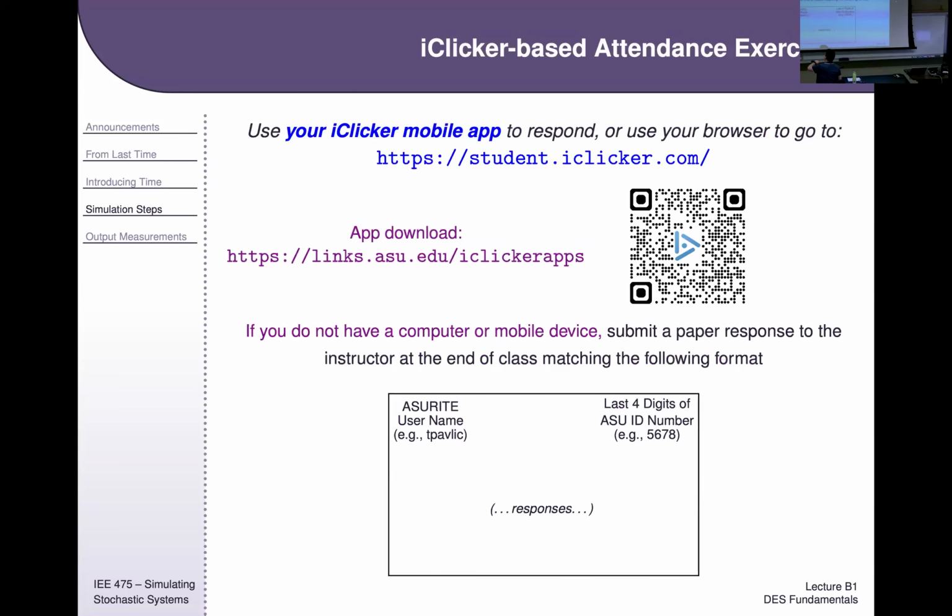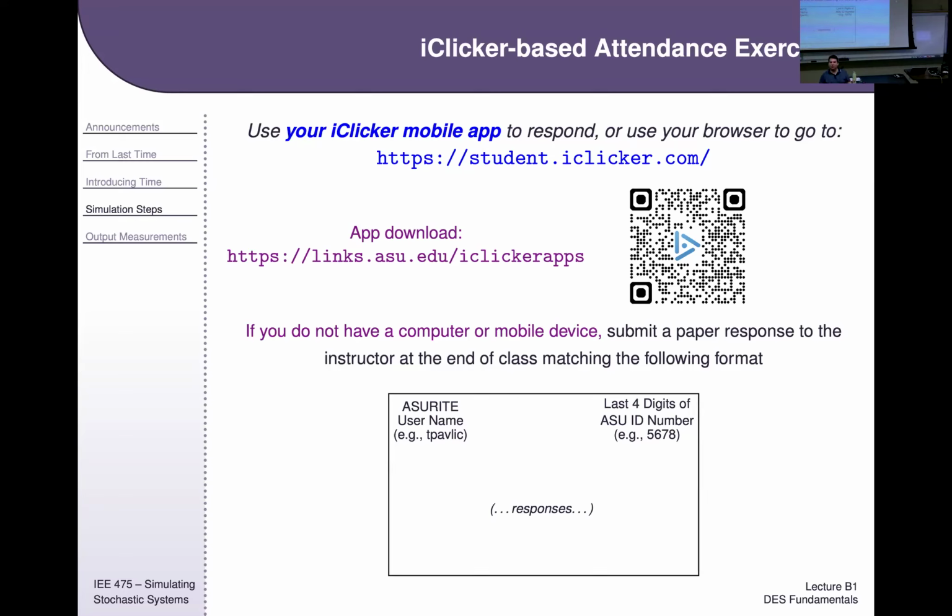So let me put up an iClicker. If there are questions, I'm happy to take them after. The question I have here is a short answer: what are the inputs to discrete event system simulations?